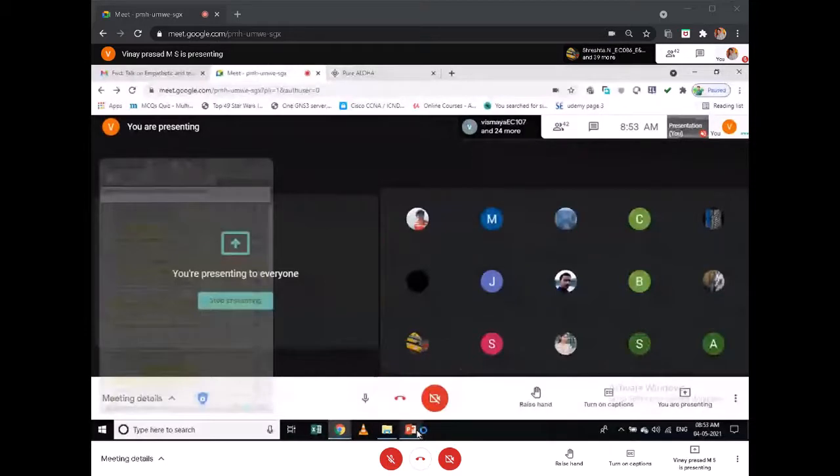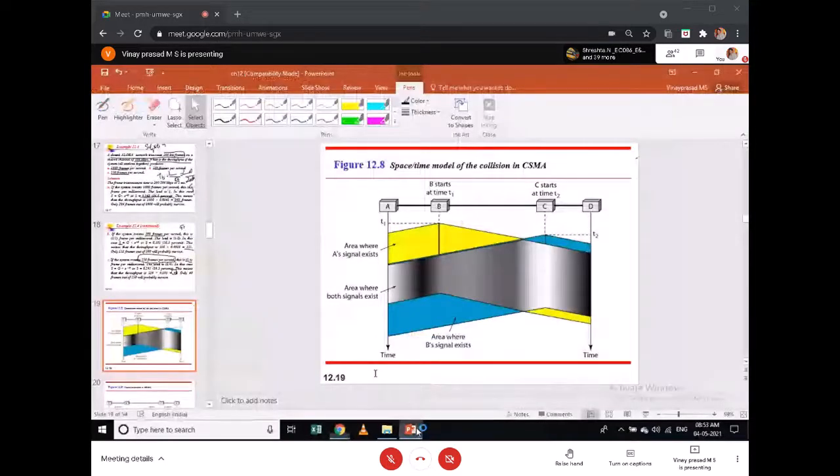Let us consider this diagram. There are four stations A, B, C, D, and all four stations are connected to a common channel. What we added in this protocol is: sense the carrier before you send.